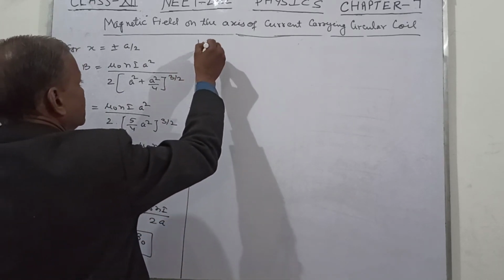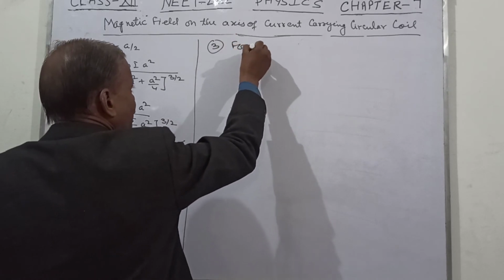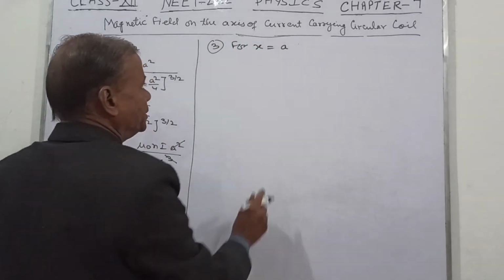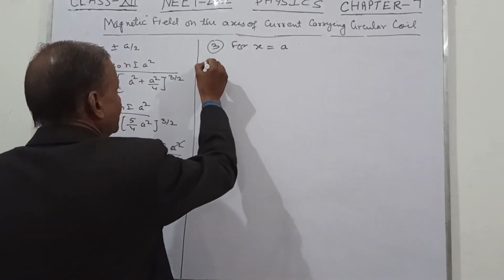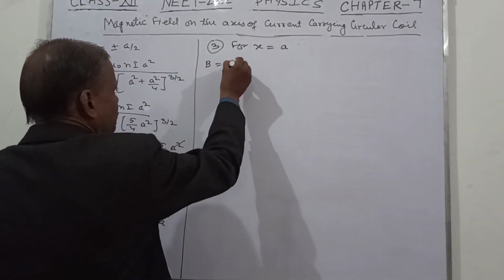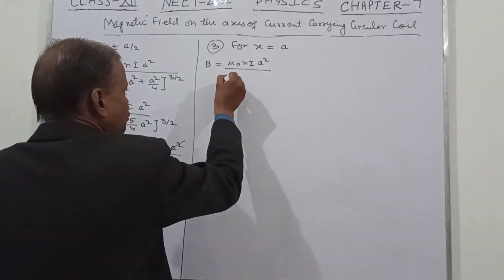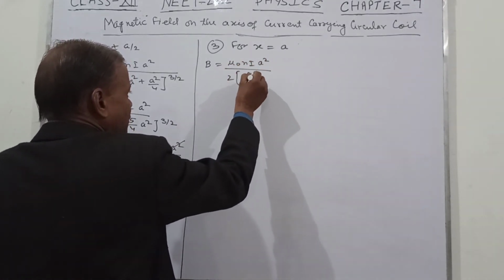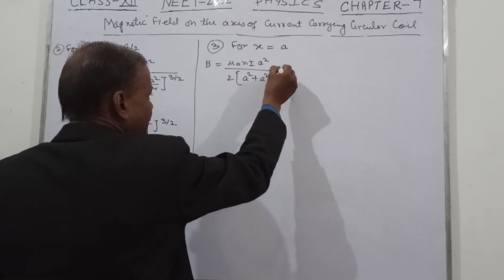Now for case number 3, for x equal to a, the radius of the coil, B equal to mu naught n I a square upon 2 into a square plus a square raised to power 3 by 2.